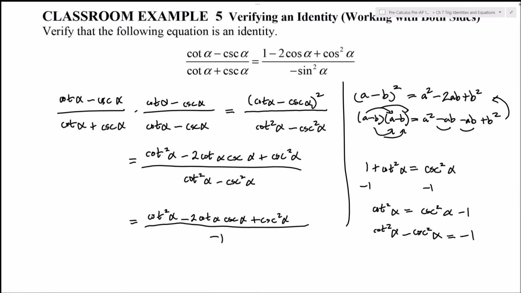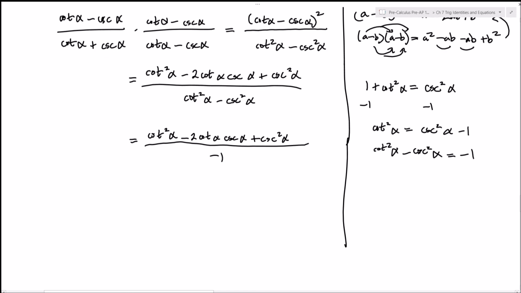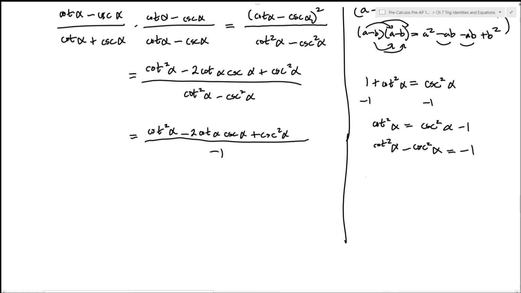Now we'll see what else happens in this case. I'm supposed to get only cosines on top and a sine squared on the bottom. So if I have an expression that only contains sines and cosines, maybe it's a good idea to change the current expression in terms of only sines and cosines. Cotangent and cosecant can both be written as expressions with only sines and cosines in them. So we'll try it this way. Cotangent squared, we've seen this math before in a previous example.